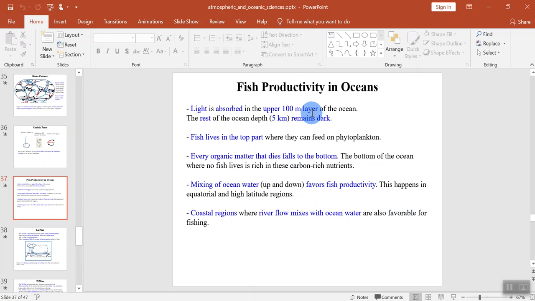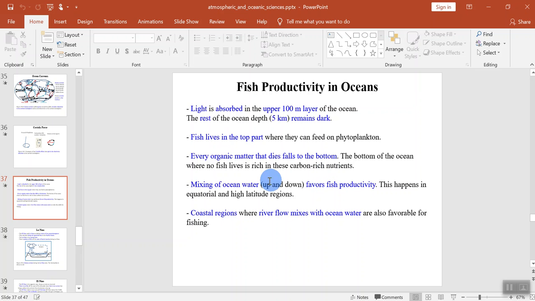So, fish productivity in oceans. Light is absorbed in the upper 100 meters layer of the ocean. The rest of the ocean, 5 kilometers, remains dark. So fish live in the top part only, where they feed on phytoplankton. Every organic matter that dies falls to the bottom.